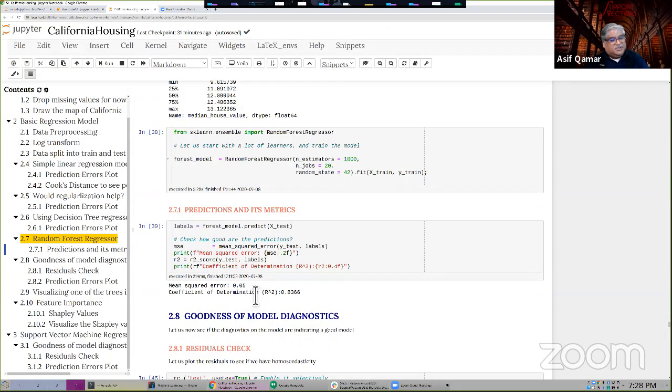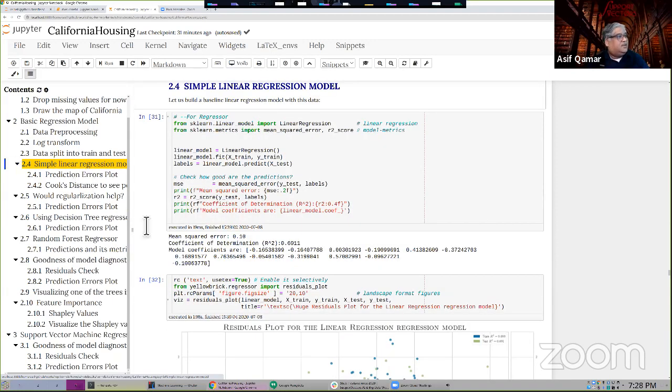So support vector machines in the vanilla form is not doing as good as this, but it's almost as good. The R square is 83%. There it was 78 or 79%. And for linear regression, if you remember, the mean squared error was 0.1, and the R squared was 70%. So obviously much worse.